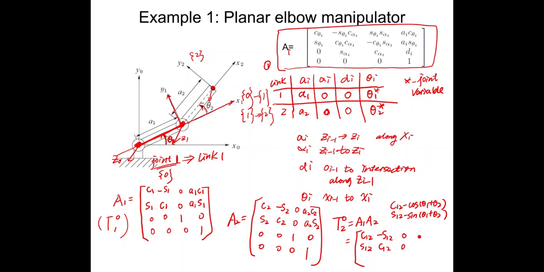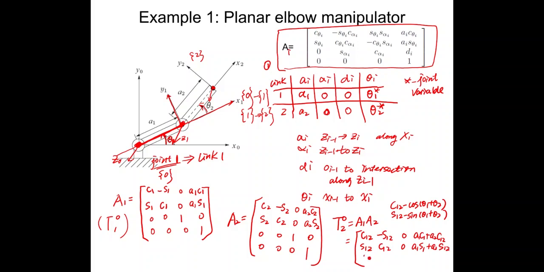This term is A1 times cosine theta 1, which is short for C1, plus A2 times C12, and this term is A1 times sine theta 1 plus A2 times sine of theta 1 plus theta 2, which is S12.